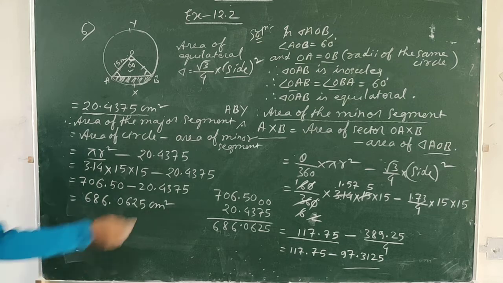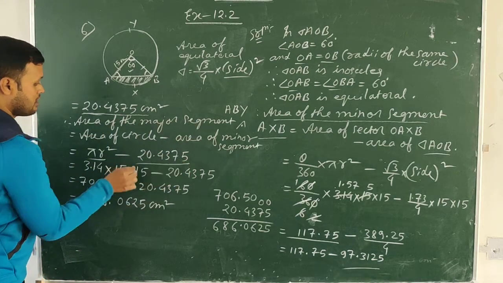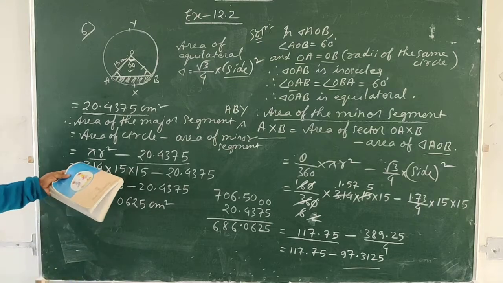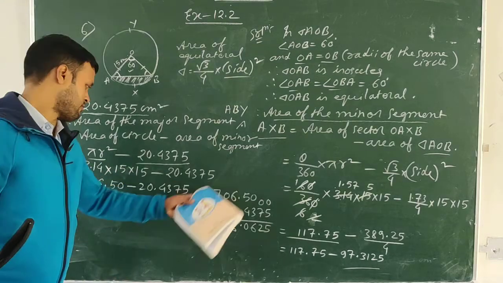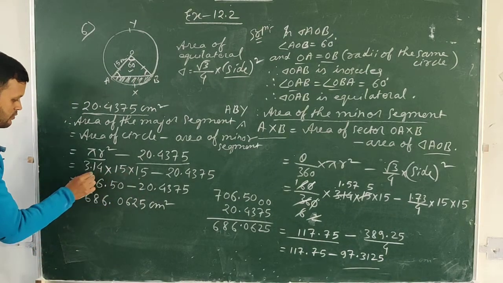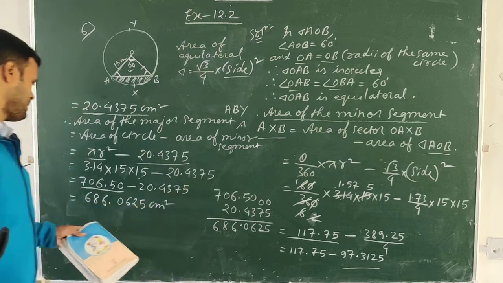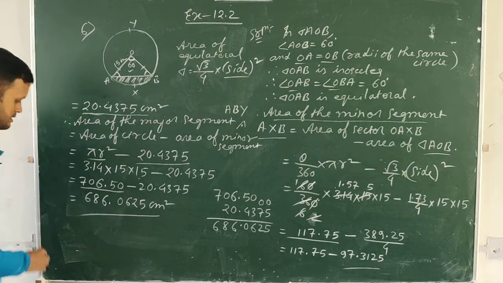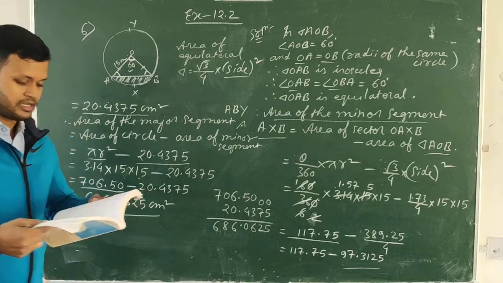Pi r square. Area of the minor segment we already have, 20.4375. Pi is 3.14, radius is 15, so 15 into 15 into 3.14 becomes 706.50, minus 20.4375. So the area of the major segment is 686.0625. Is it okay?